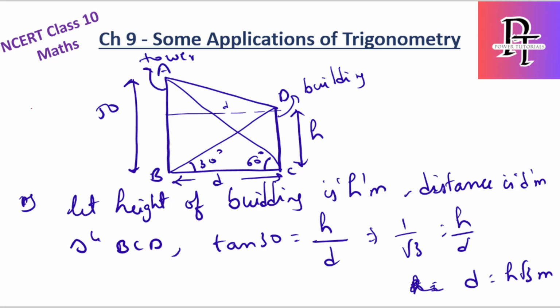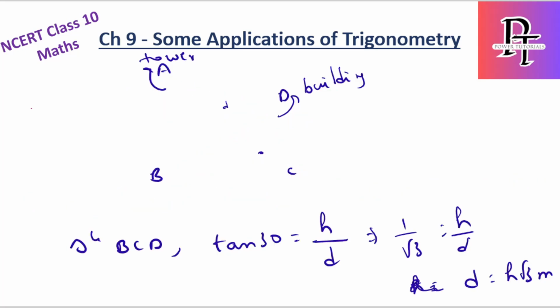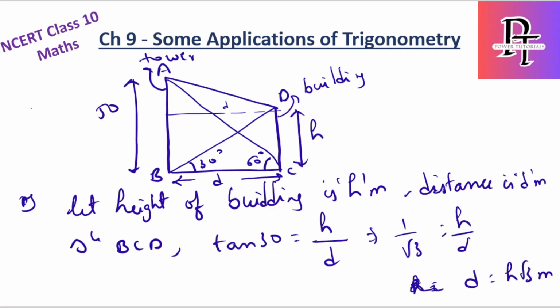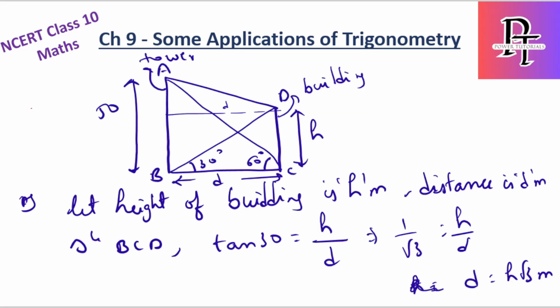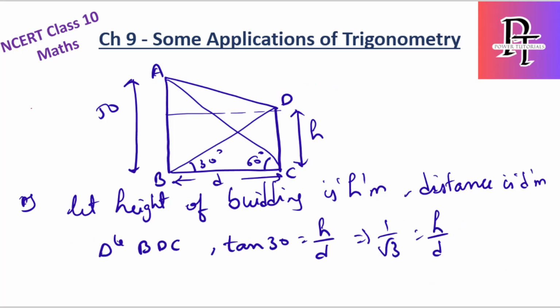For the big triangle, if I consider, the big triangle is A, B, D. Sorry, this one, the A, B, C triangle. This triangle, if I consider, so let's continue.